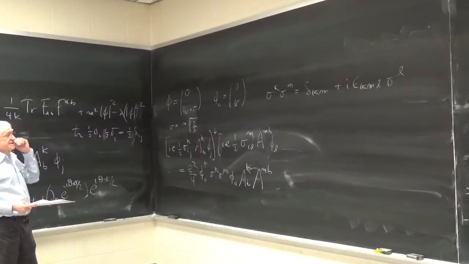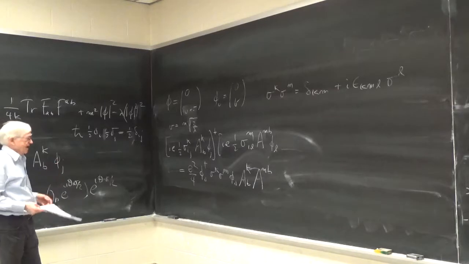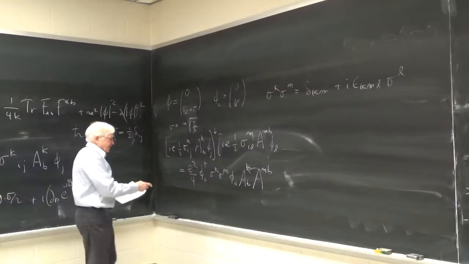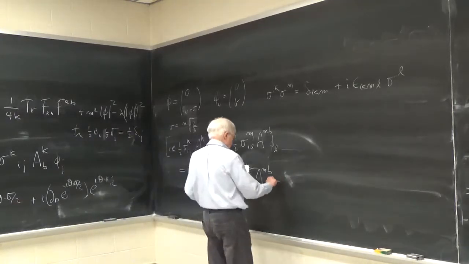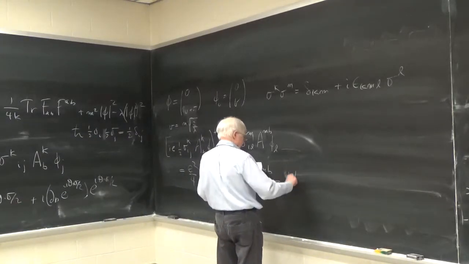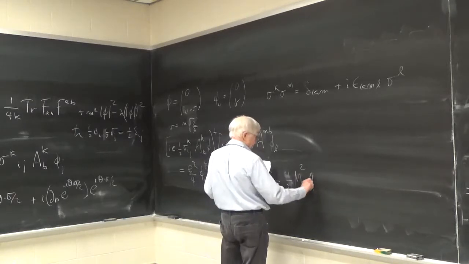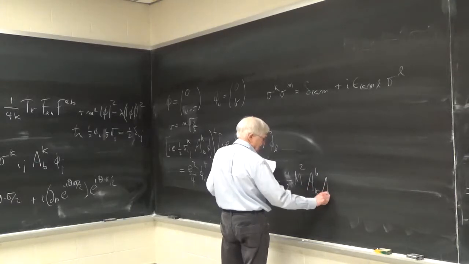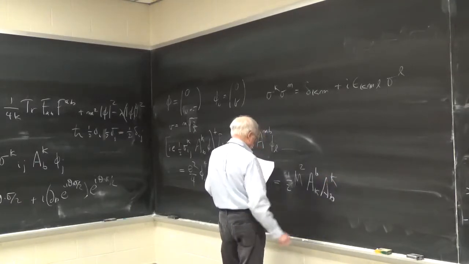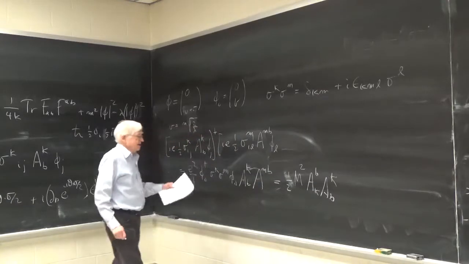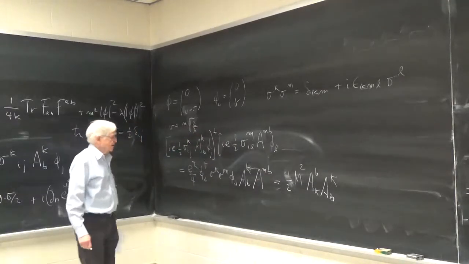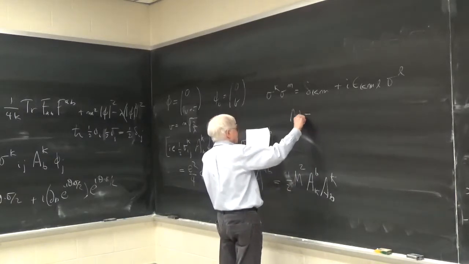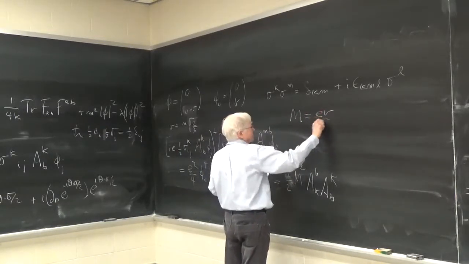And so, for example, sigma_1 squared is just the identity. And if you plug that into here, what you get is ½ m squared A_B^k A^B_k. And so here all three gauge bosons get mass m equal to e v over square root of 2.